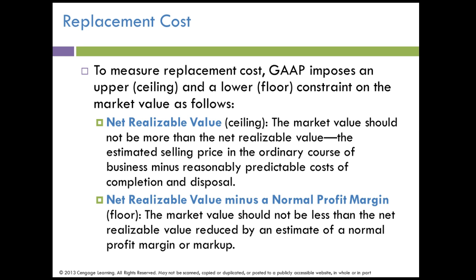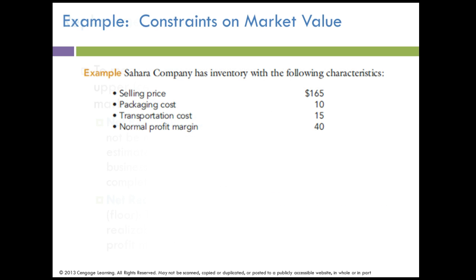If Sprint could go buy an iPhone 4 today, then it's pretty clear what the replacement cost would be. If there's not such a product out there, then here are some ways companies can determine what that replacement cost would be.